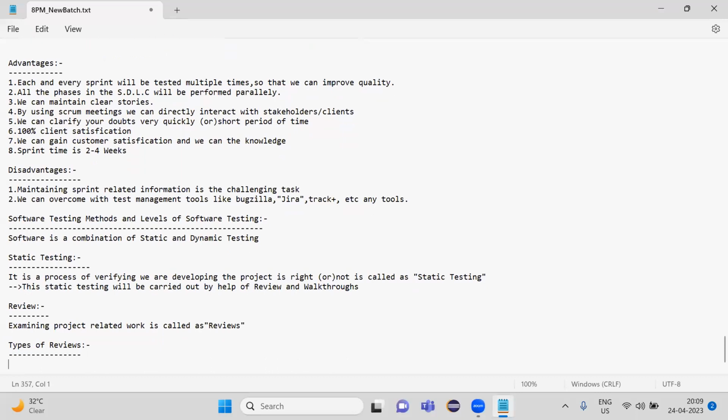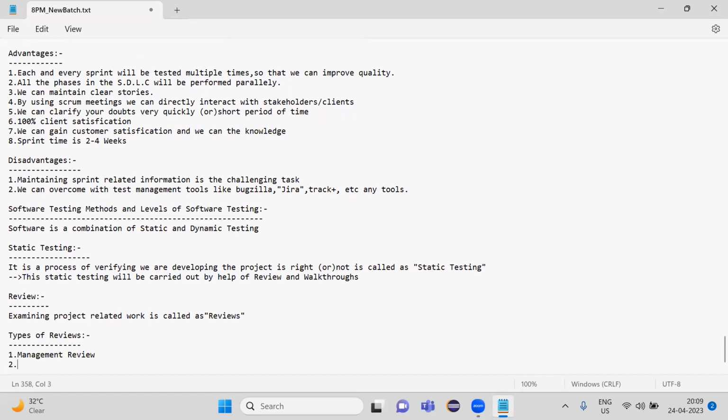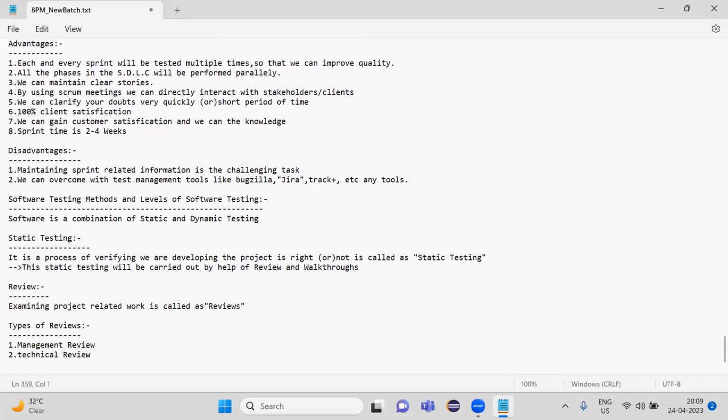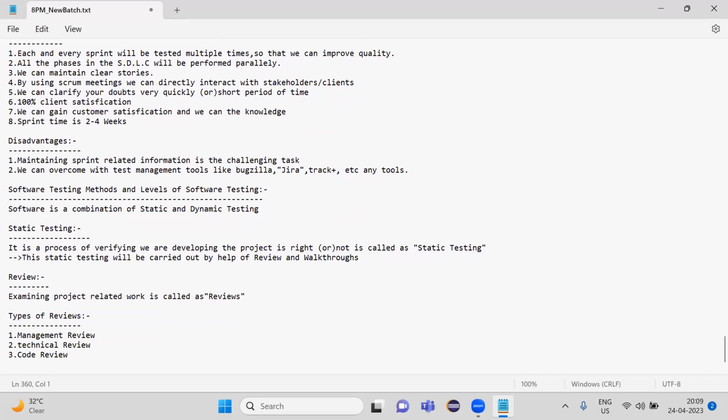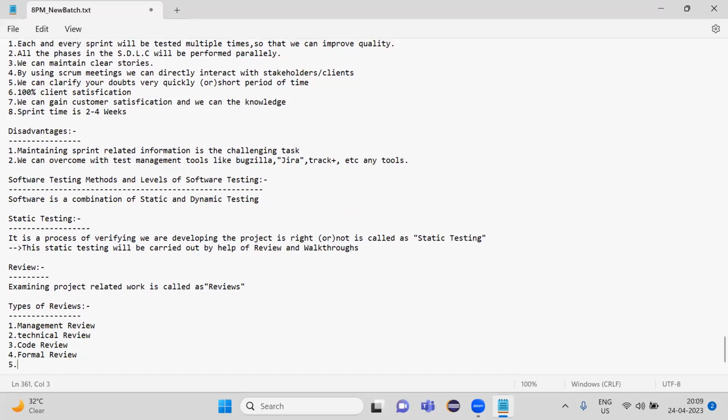What are the types? One is management review, second is technical review, code review, formal review, and fifth one is informal review.